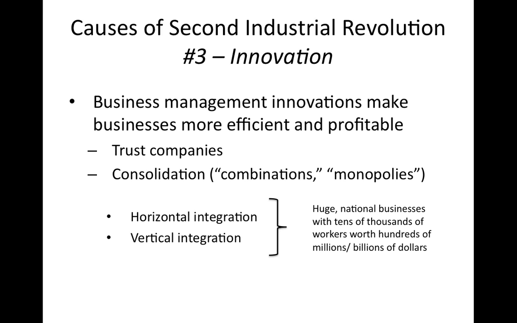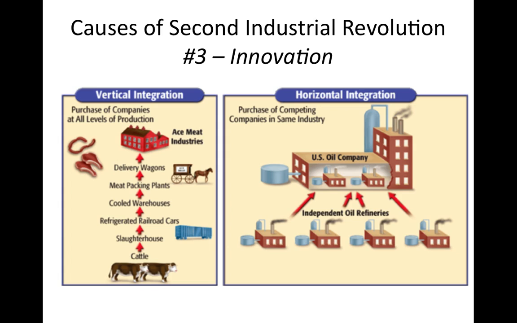But this is when you start getting these big, giant corporations. They're starting to develop during this time period because there is profit in consolidation. So anyway, vertical integration, horizontal integration are the two big strategies being devised during this time period.